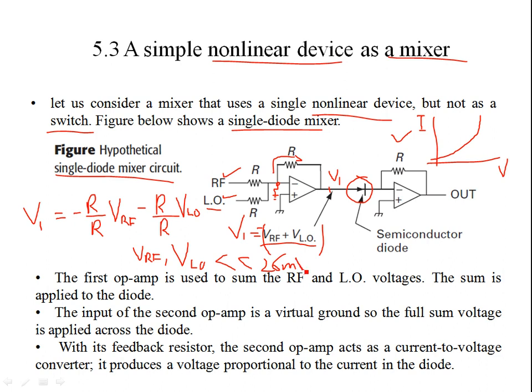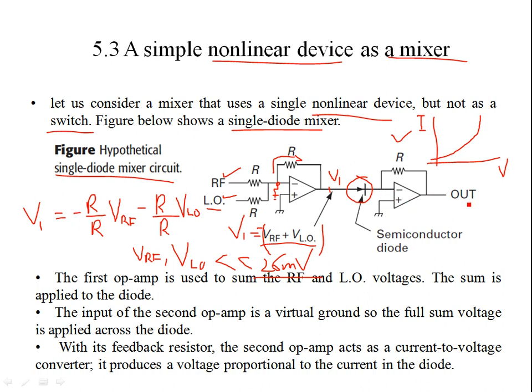Where does 26 millivolts come from? I'll explain that in a moment. So we assume that VRF and VLO are small, and we exploit the nonlinear IV relationship, that is, expand the exponential into a series and see how this mixing occurs.